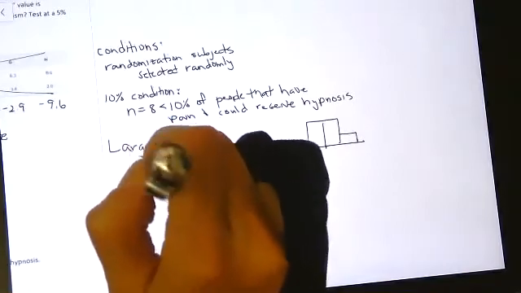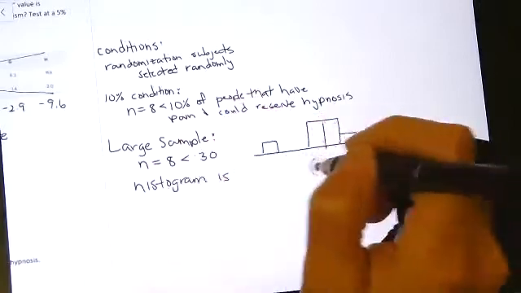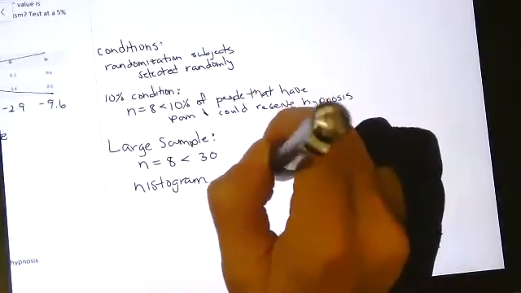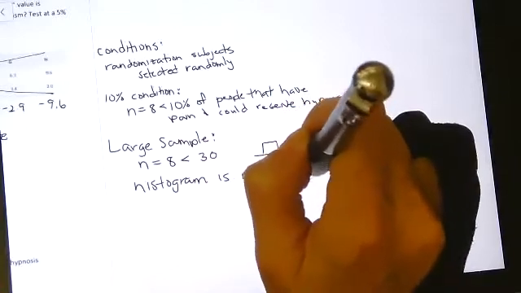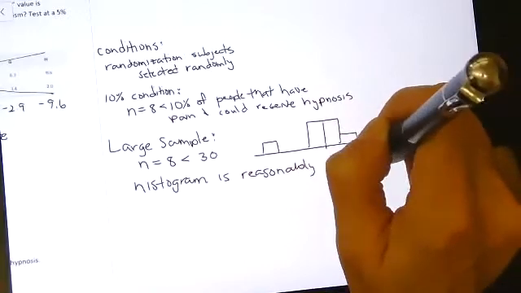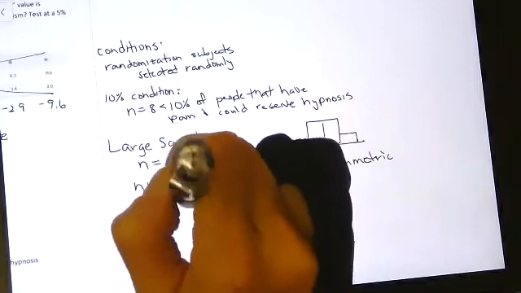So the histogram is reasonably symmetric, with an outlier.